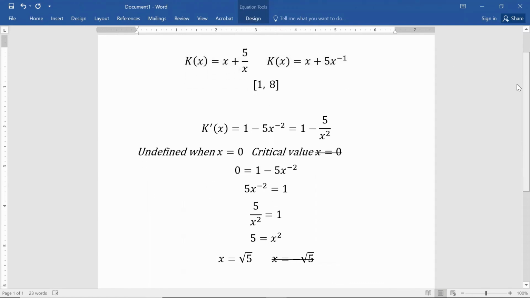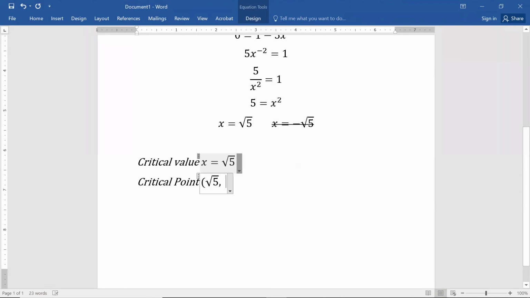That might be hard to do. Square root of 5 plus 5 divided by square root of 5. I'm going to give just an approximate right now. Square root of 5 plus 5 over root 5, approximately 4.47 is what I'm getting as the output.